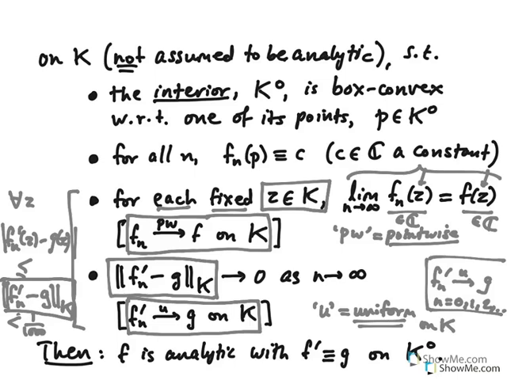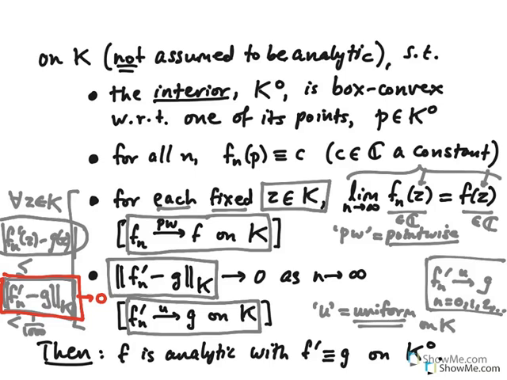Because at any individual point z in K, you have this quantity which depends on z, but that is upper bounded by this quantity here, which does not depend on z. Z does not explicitly occur. And it's that upper bound that's going to 0.